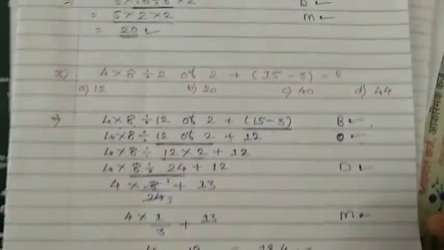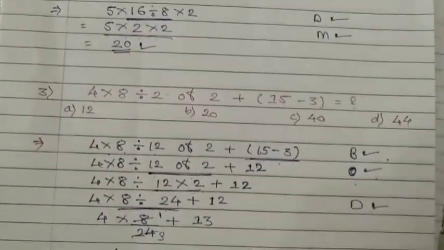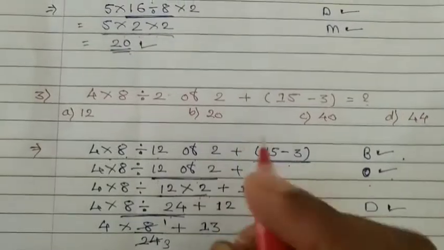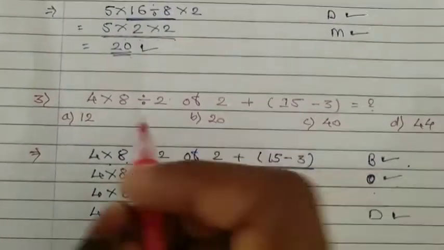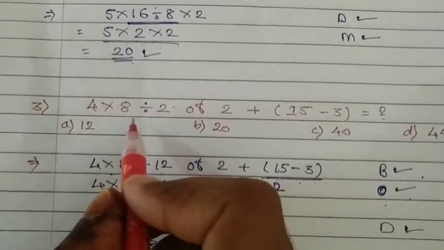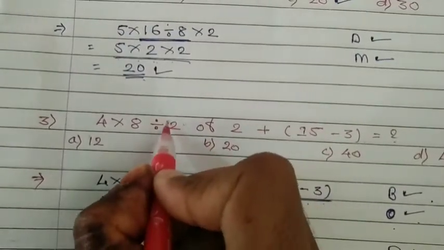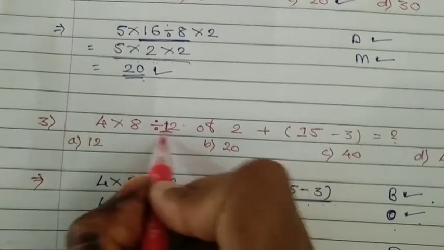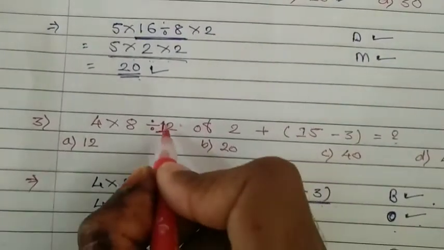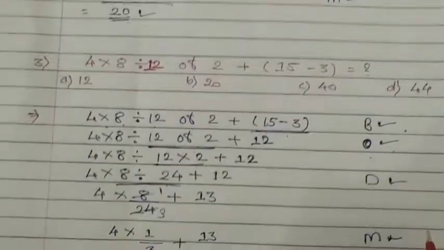Okay students, so this question has one mistake. Which is mistake? 4 multiplied by 8 divided by 12 of 2.